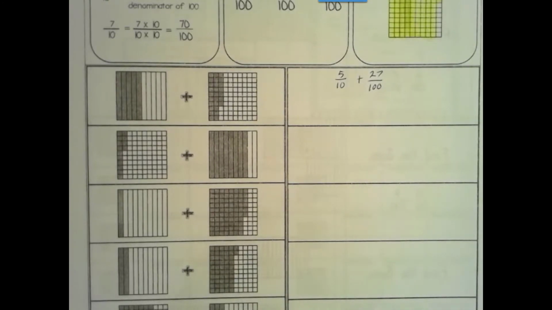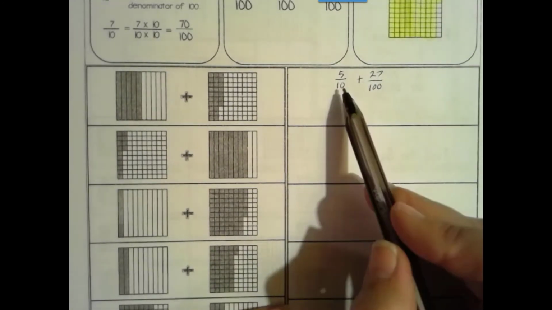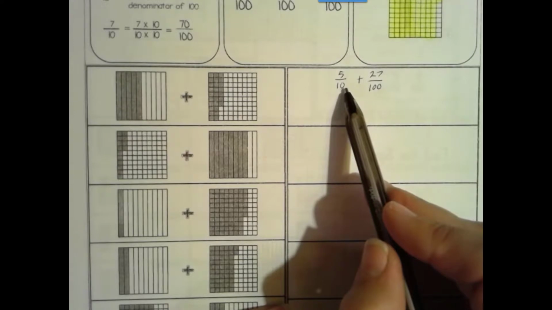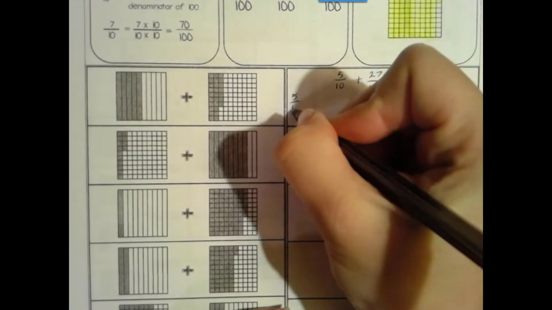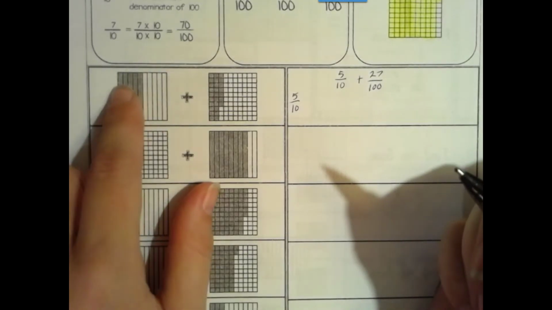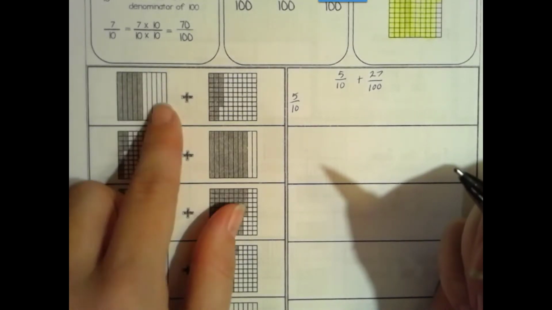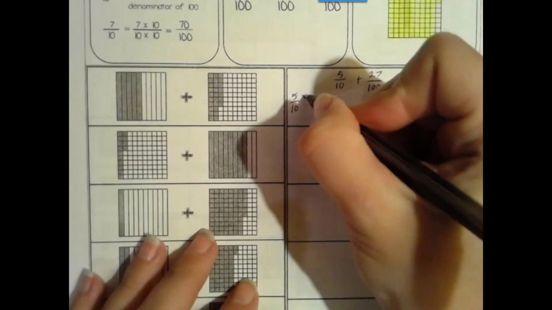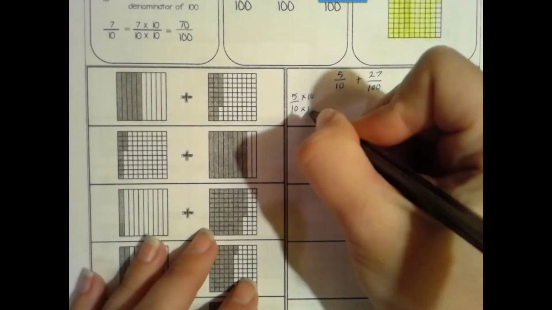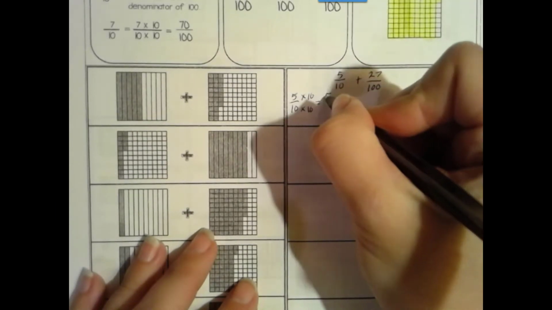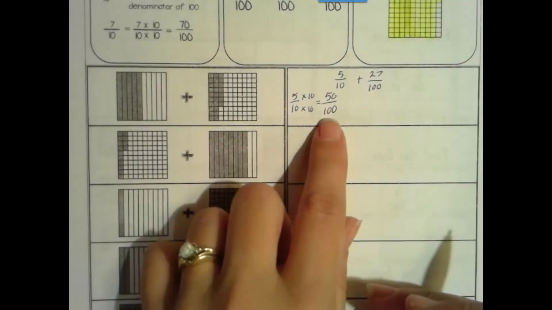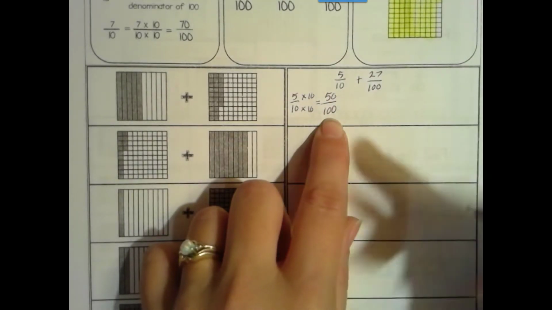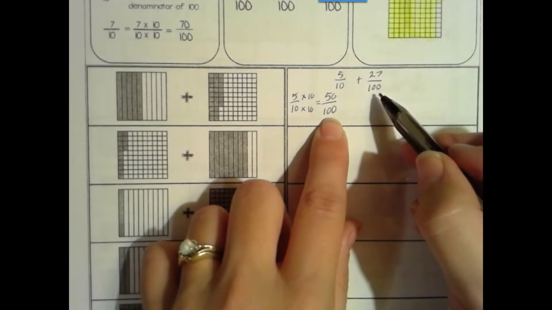I need them to be the same size. So I need to find an equivalent fraction for 5 tenths. Well, if I cut each one of these columns into 10 equal pieces, then I would get 50 hundredths. So that gives me an equivalent fraction with that common denominator.